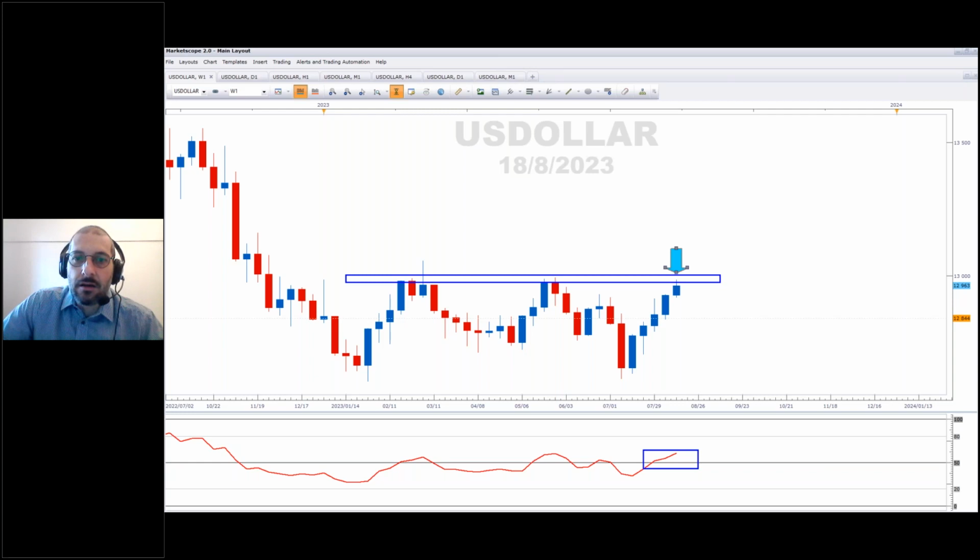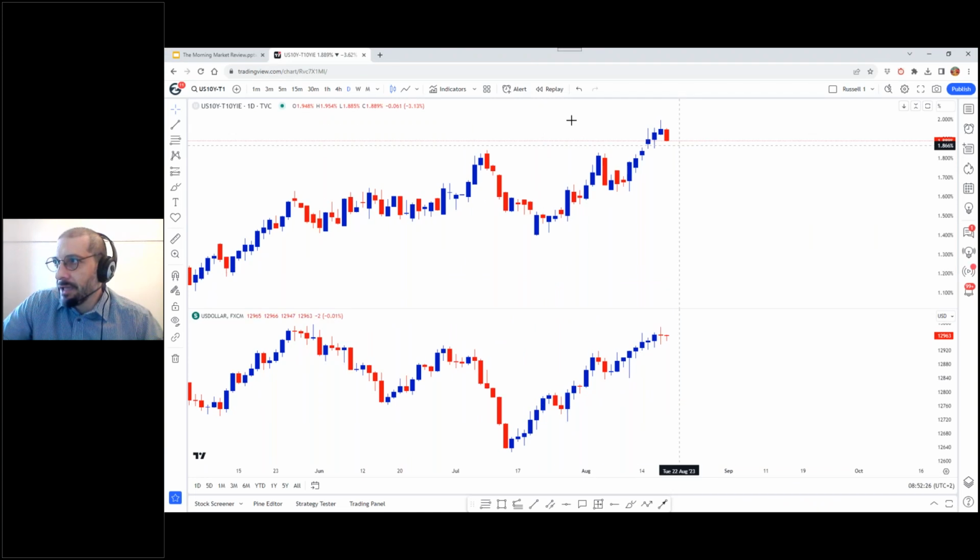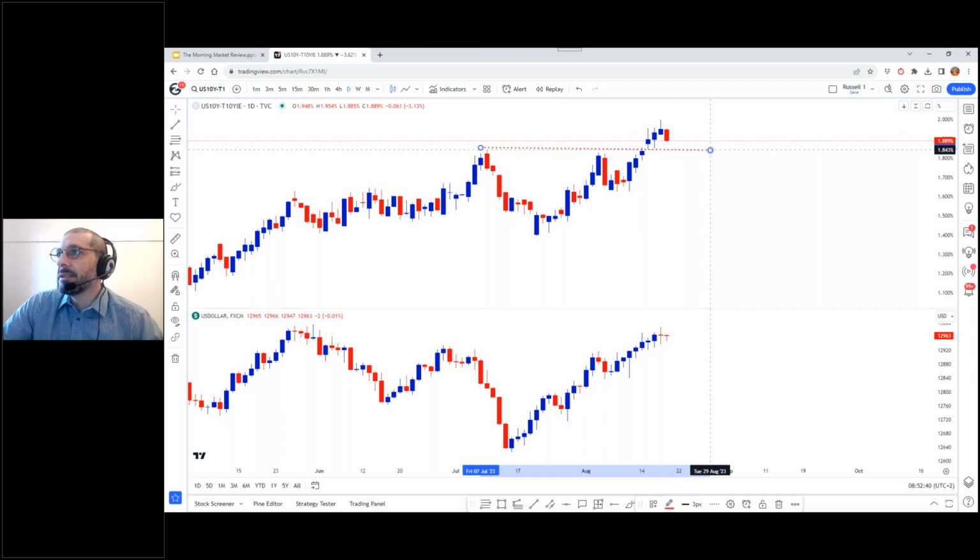So we've been doing all our analysis on market scope. If we now go to TradingView, and here is the real yield. I have brought up the real yield chart in preparation for this. And this is the daily chart. You can see that the real yields continue to move higher.